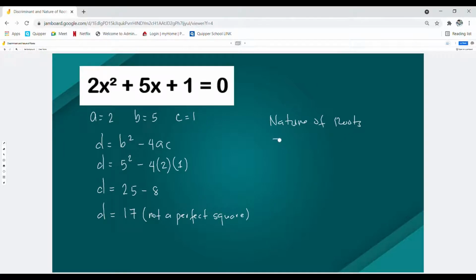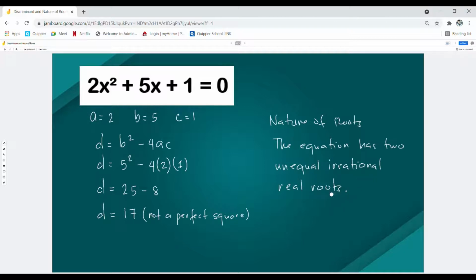So you say the equation has two unequal but irrational real roots. So you see the difference. In the previous example, rational. This time it's not a perfect square, irrational. That's the only difference between the two examples.